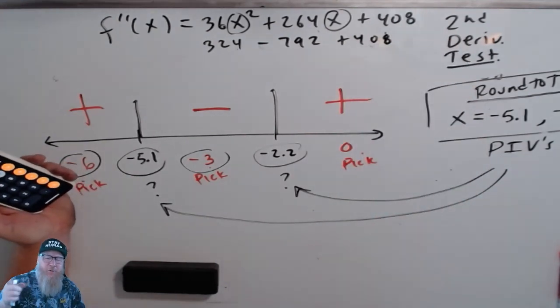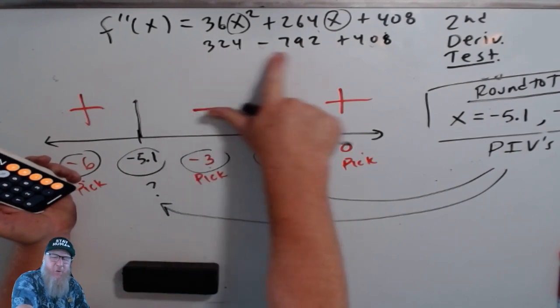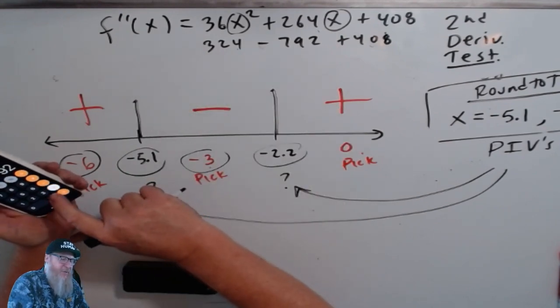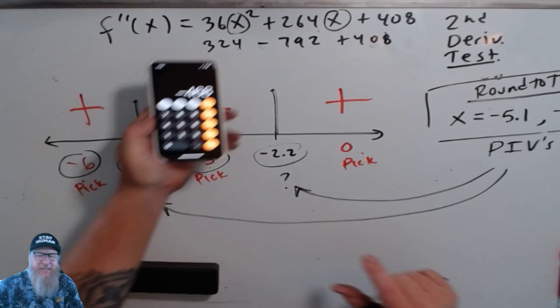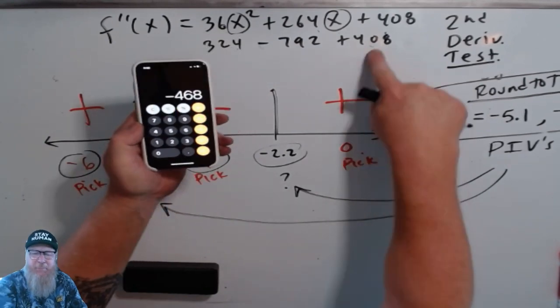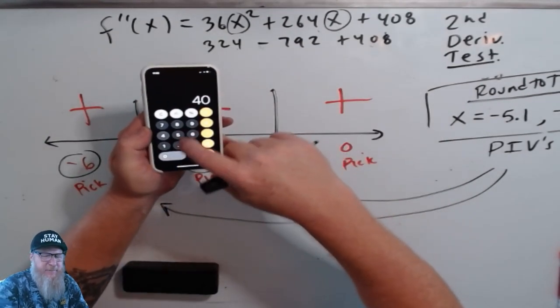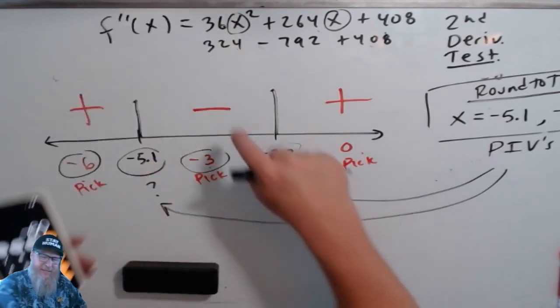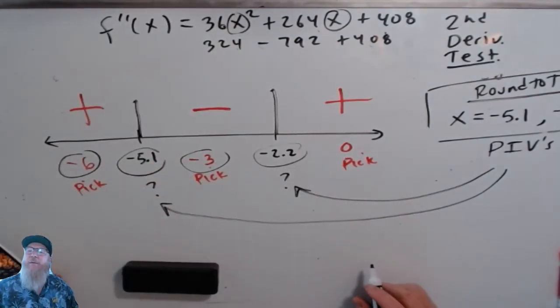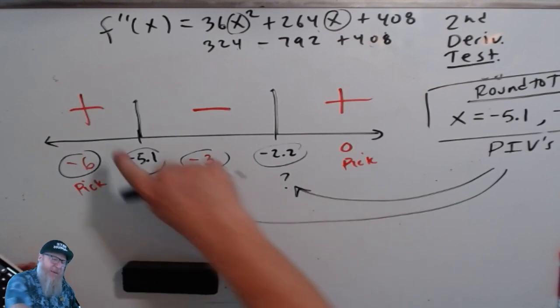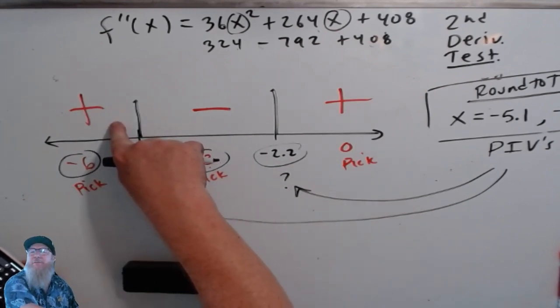And remember, all you care about is whether that's negative or positive. So 324 minus 792 is negative 468, plus 408, and that's negative 60. I was right. My bet was right. I bet this one's also right too.